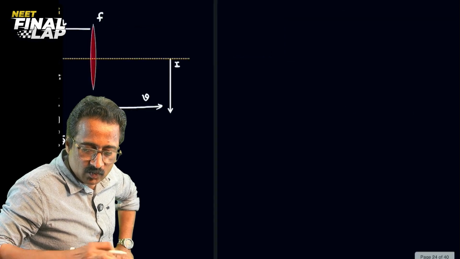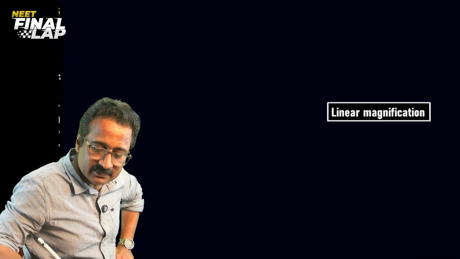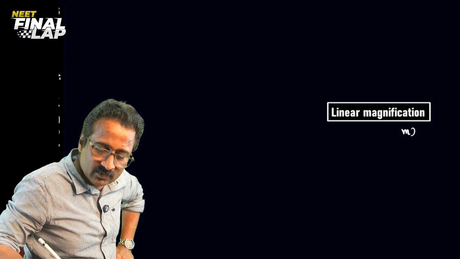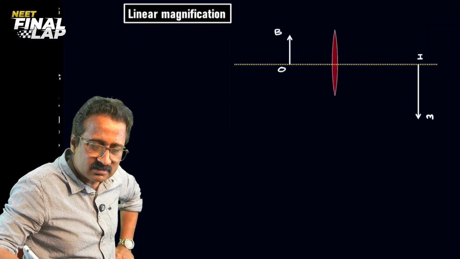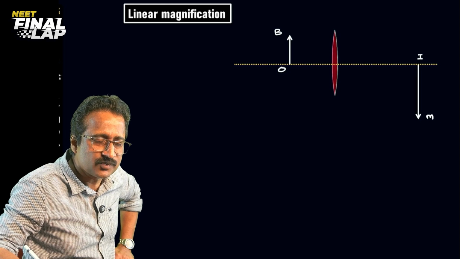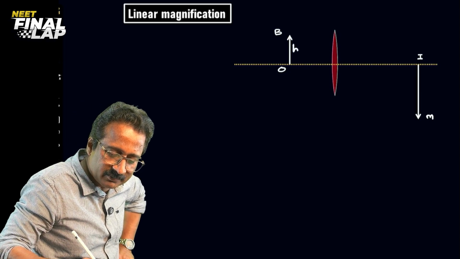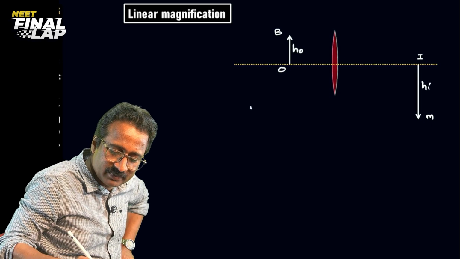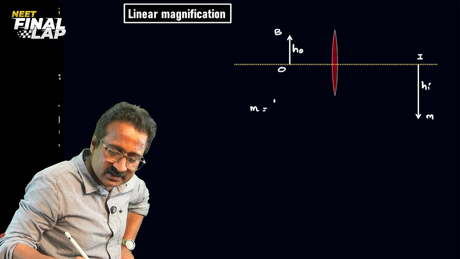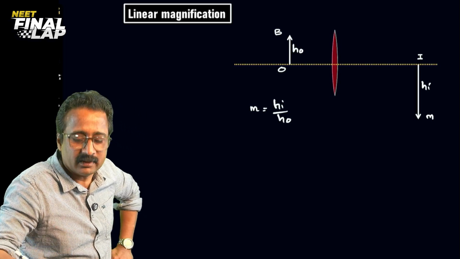Now, what exactly is the size of the image? That is given by a term called linear magnification, which will be written as small m. And how to calculate linear magnification? I think I gave you a number of equations for mirrors. Almost I'll have to repeat it here. If the height of the object is HO and the height of the image is HI, most basically, linear magnification is defined as HI divided by HO. That's a fundamental equation.